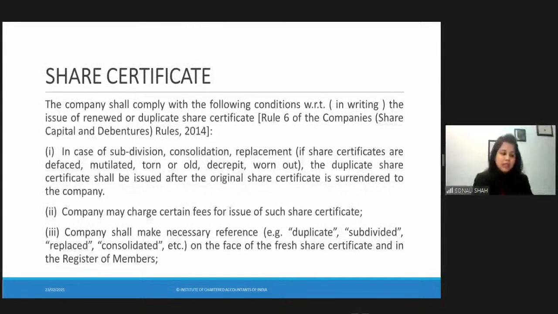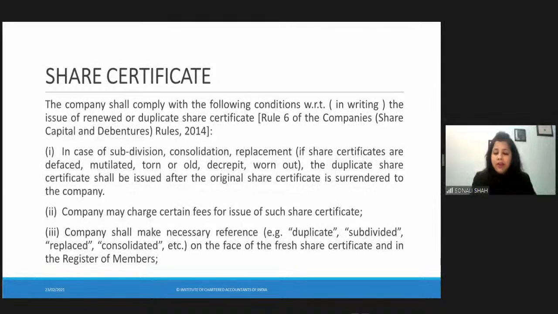Now, what does Rule 6 say? Wherever there is an issue of a renewed or duplicate share certificate, the requirements are laid down. What are these requirements? In case of subdivision, consolidation, or replacement, the duplicate share certificate shall be issued after the original share certificate is surrendered to the company, right?